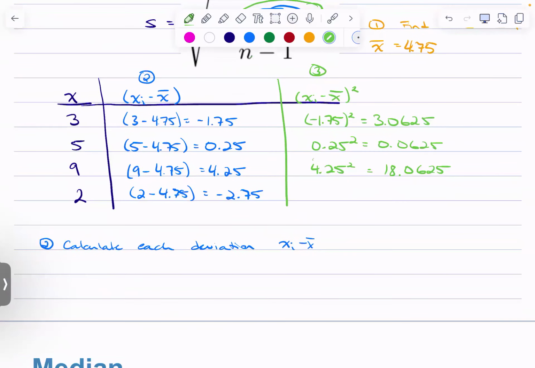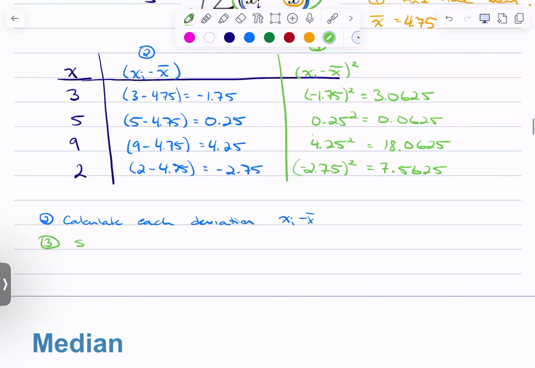And it's proper. 2.75 squared. Oops. Where did it go? I get 7.5625. So step 3 is square each deviation.